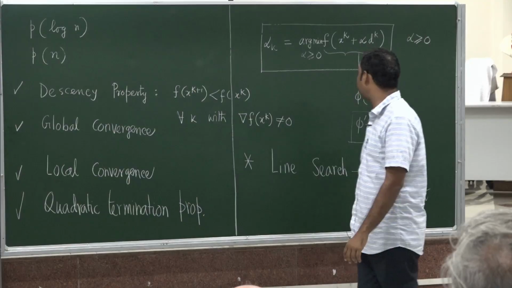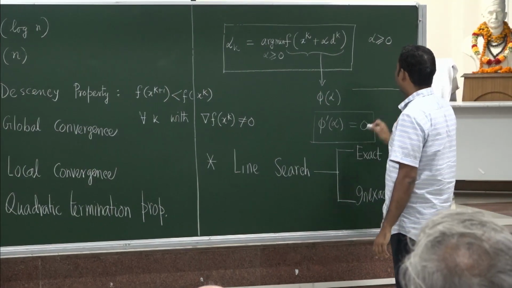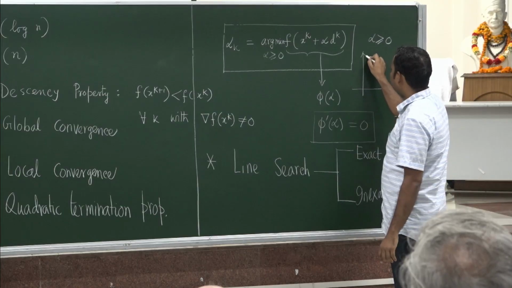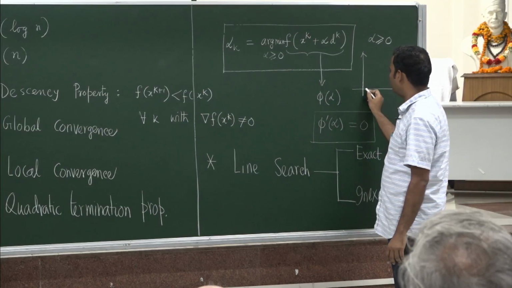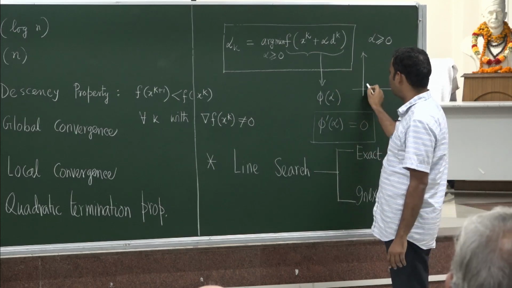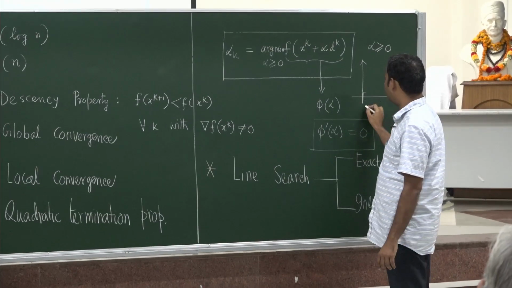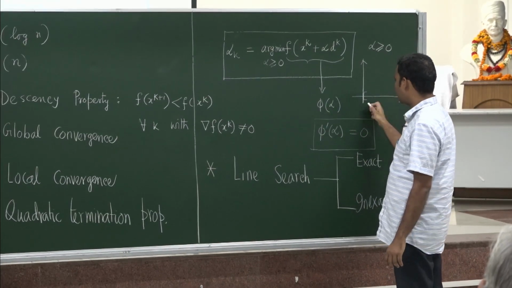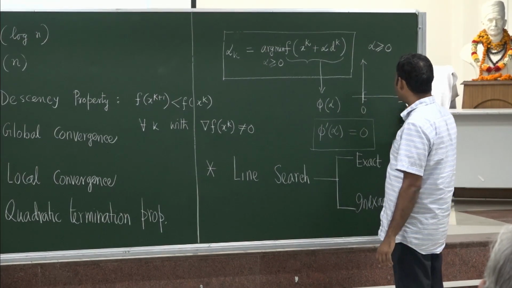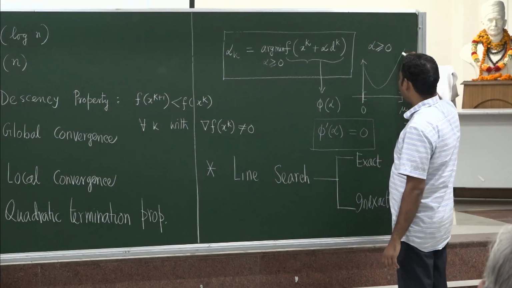By that I simply mean here this function phi alpha. Phi alpha is a function of one variable, a univariable function, and to choose alpha in the inexact one, we take a sufficiently large step length, let's suppose a range from 0 to some number mu, and then we try to figure out where this minimizer is.